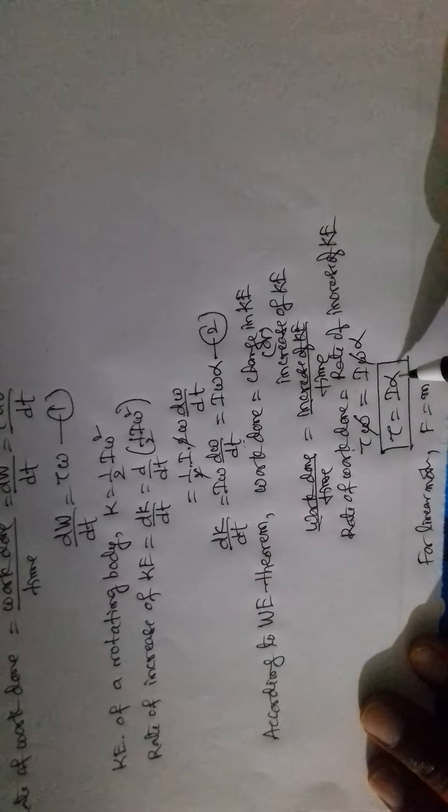In place of I, m comes. In place of angular acceleration, linear acceleration comes. So for linear motion, Newton's second law is F is equal to ma, and for rotational motion, tau is equal to I alpha.